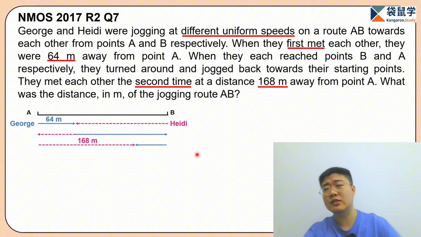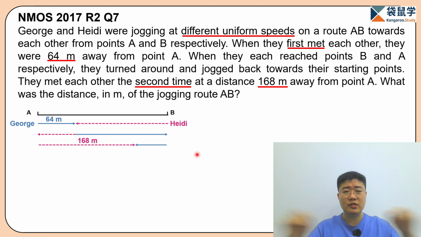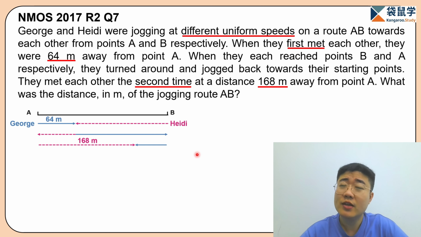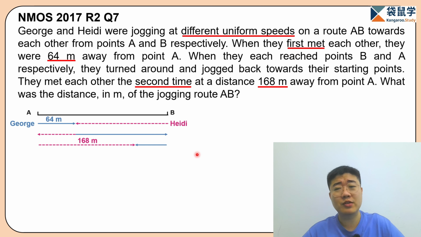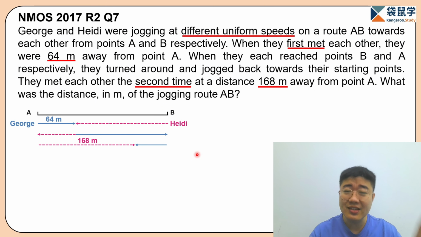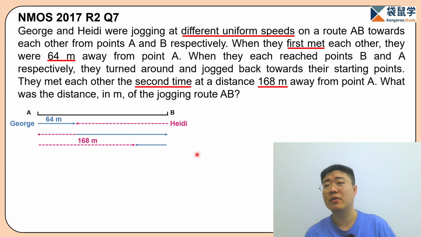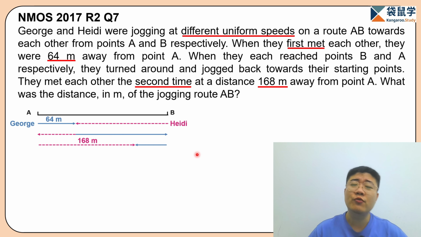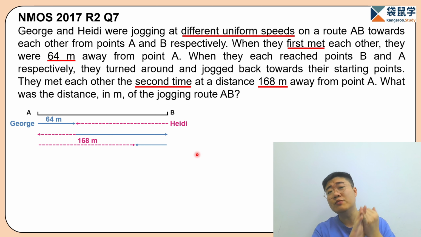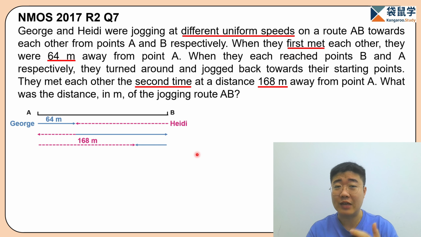So now, they want us to find the distance between A and B. For travel problems, usually we are dealing with three quantities. So what are the three quantities? It will be the distance, the speed, and the time. Usually if we want to find out the distance, then we have to know the speed and the time, multiply them together, and we can find out the distance.